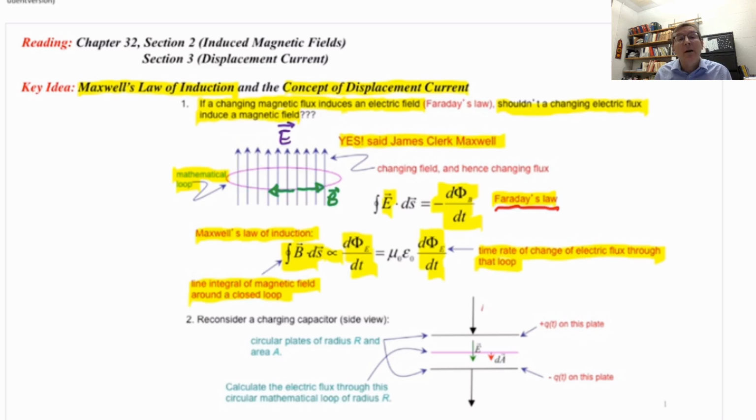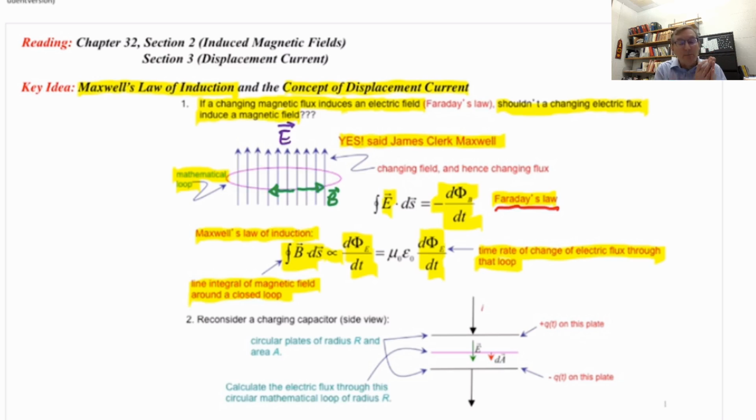And then Maxwell made an argument, and we're going to go through that argument in a moment, for what the proportionality constant should be. And it turns out it can't be just anything, because we already have learned a lot about how electric fields behave and magnetic fields behave.